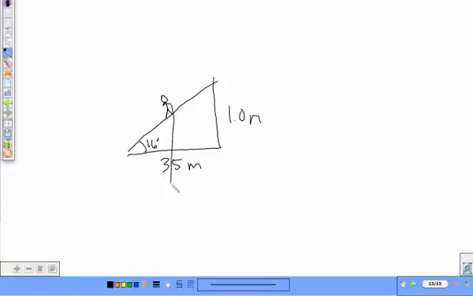Say his weight was 71 newtons. And so what is Wx? 71 times the sine of 16, right? Because this is going to be 16 also.